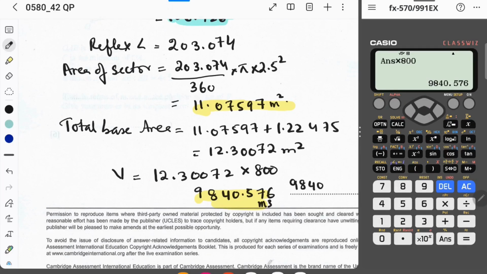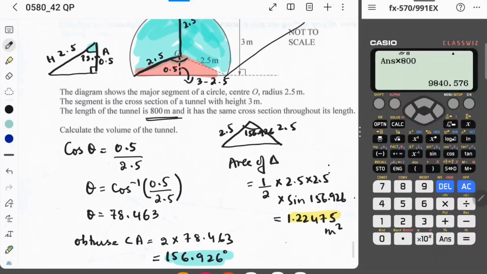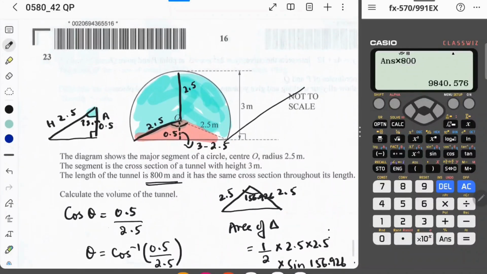If you want a whole number, 9840, or you can write 9840.6. So this was the question. In this question we found the base area and then multiplied by height.